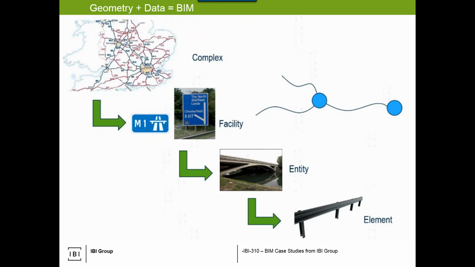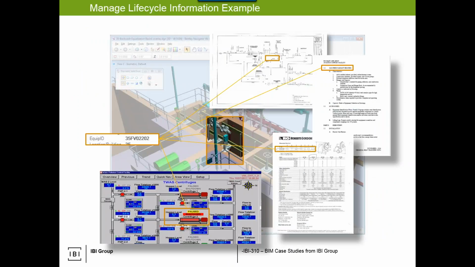Our elements also have contextual relationships. So you may be modeling, in this example, the guardrail, part of the entity, part of the facility, which is the road, which is part of an overall complex network. So that's geospatial integration of where things are in the physical world relative to each other. Rooms are beside each other within buildings, within sites, or geospatially within a GIS network scattered across coordinate infrastructure across the globe.